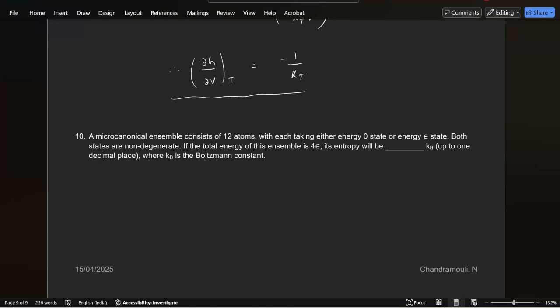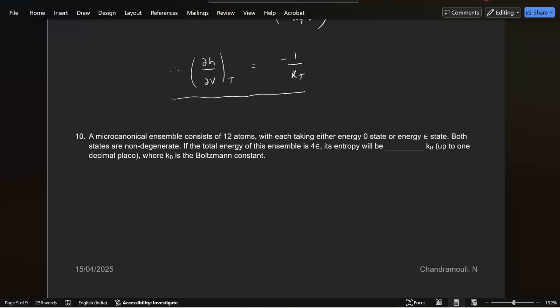But in the microcanonical ensemble, all the states are equally probable. All the states have equal energy and they are equally probable. There is no difference there. Let's say this ensemble has 100 states. All 100 states have equal probability. That is what they mean by microcanonical ensemble.